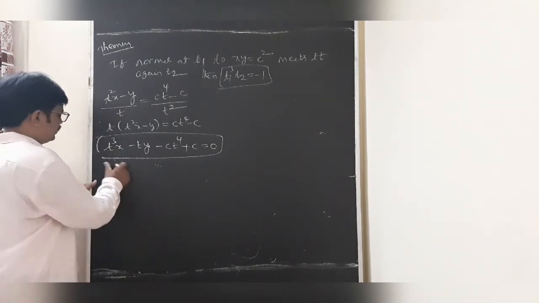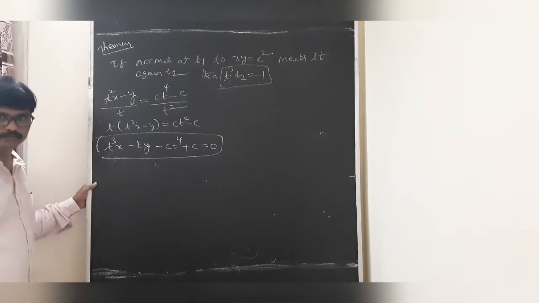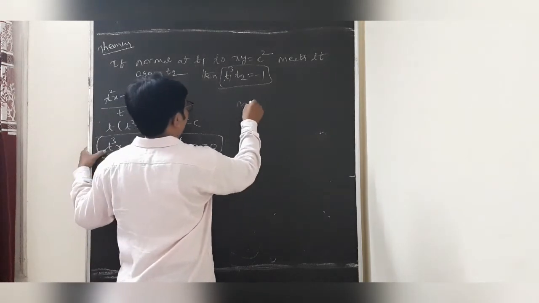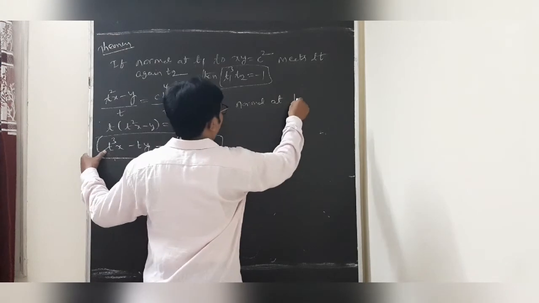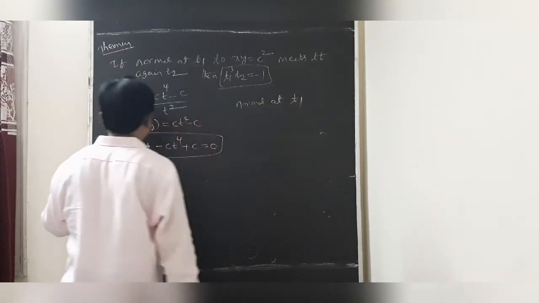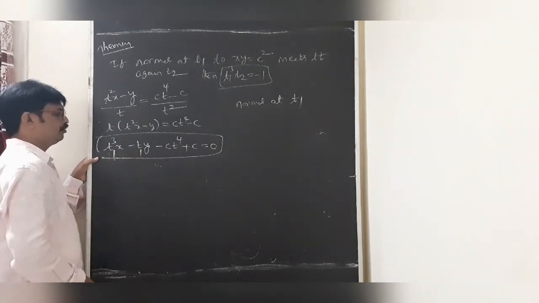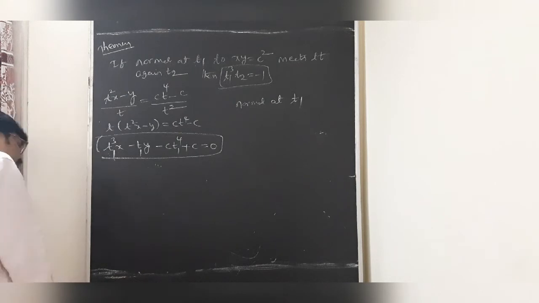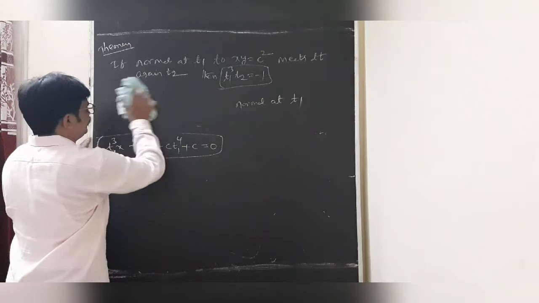Just now we proved the equation of the normal at the point t, so the equation of the normal at t₁ is t₁³x − t₁y − ct₁⁴ + c = 0.